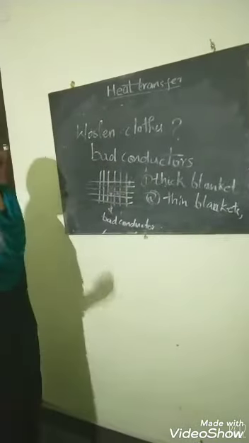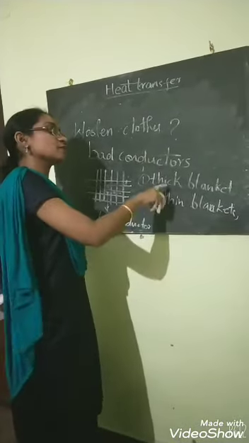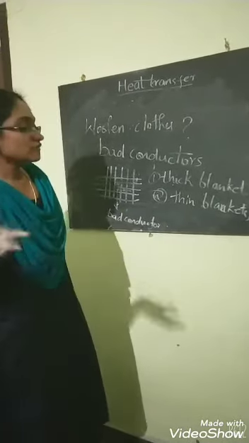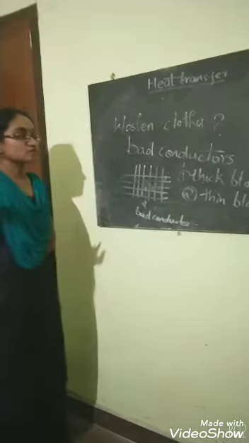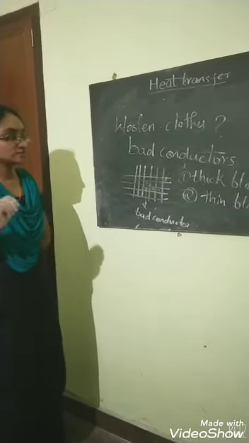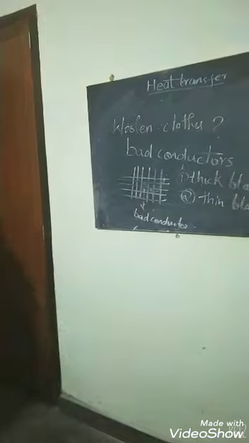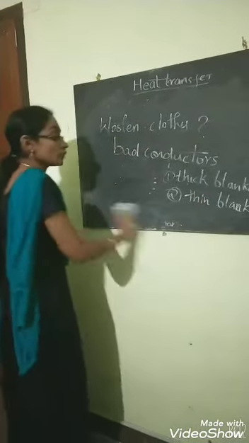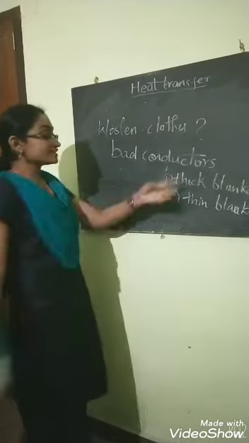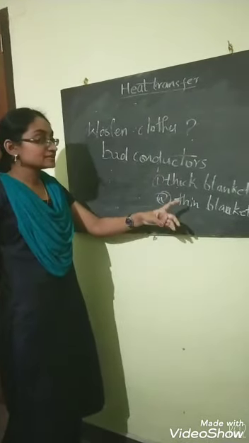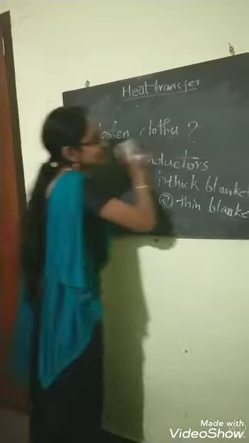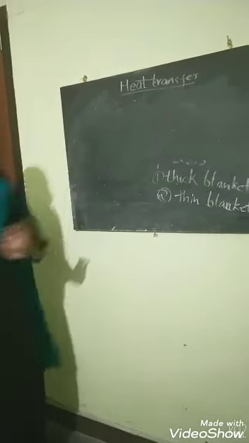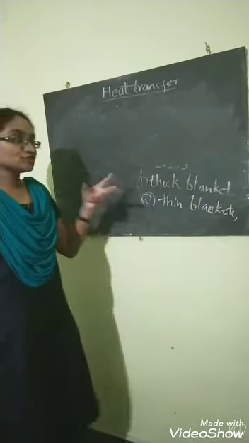We have two of the thin ones, but for the thick blanket we have only one. So which will you choose and why? What is the reason? Which one will give you more warmth, the thick blanket or the thin blankets? The answer is simple: we want to select the two thin blankets.